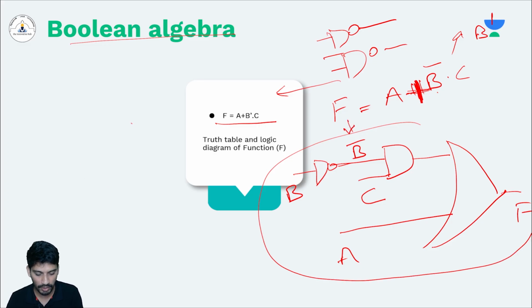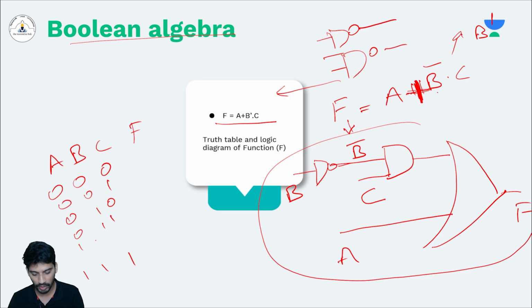Similarly, you can write the truth table for this a, b, c. How many combinations will we get for three different inputs, from 0, 0, 0 to 1, 1, 1, right? 0, 0, 1, 0, 1, 0, 0, 1, 1, 1, 0, 0, 1, 0, 1 and 1, 1, 1. If you apply these inputs here, let's say 0, 0, 0.